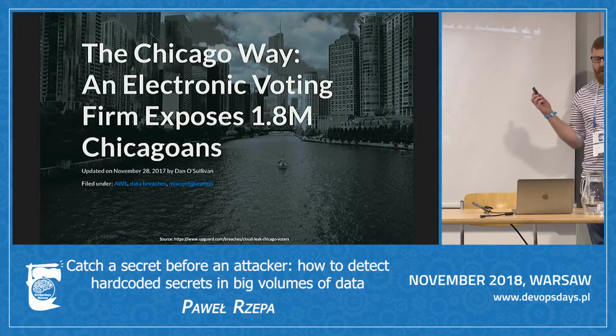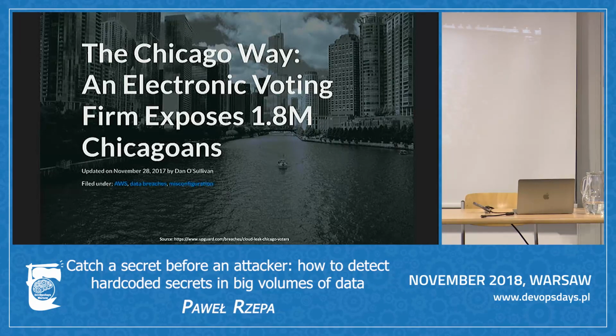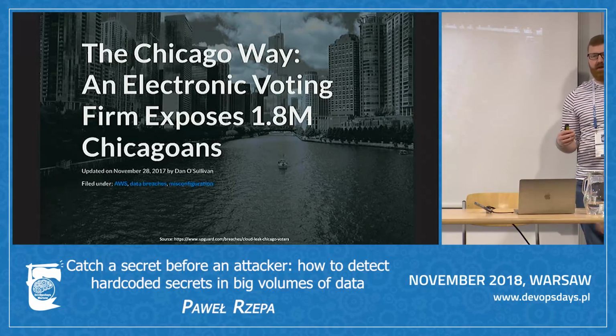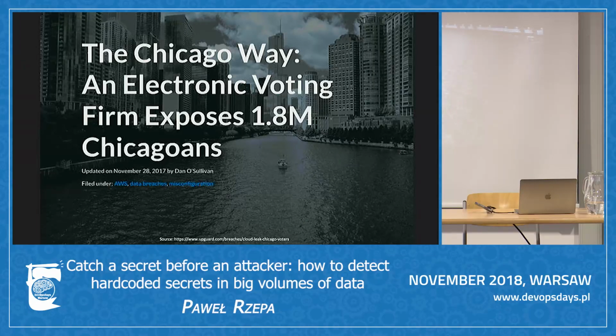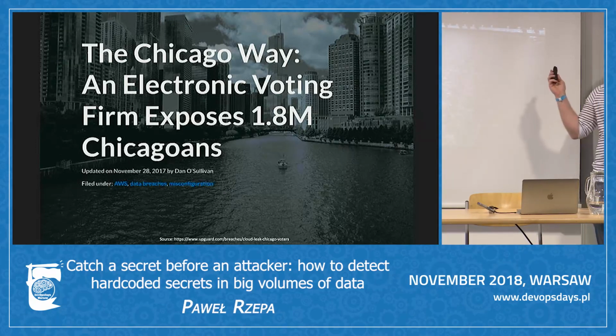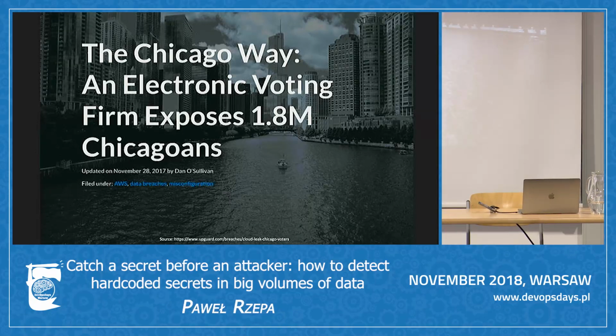So to give you just an example, one story from the previous year: the company which was supporting the elections in the US from the IT side put a DB file containing data of almost 2 million voters in one publicly available bucket.